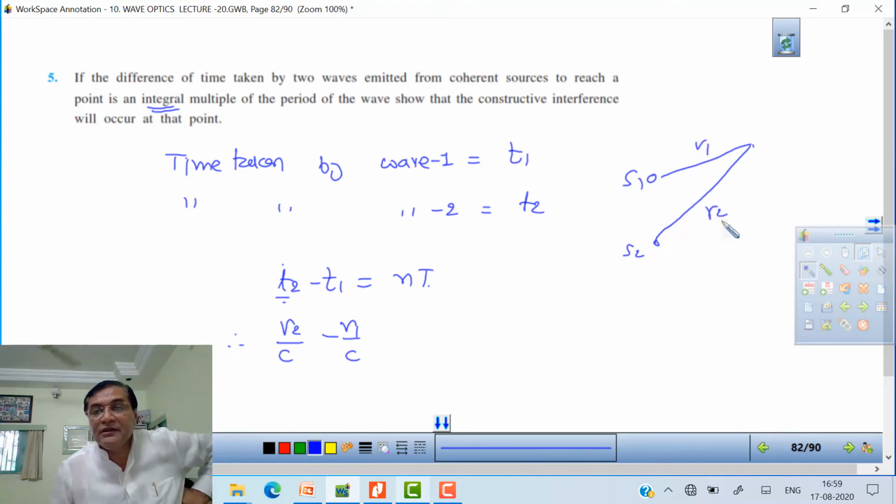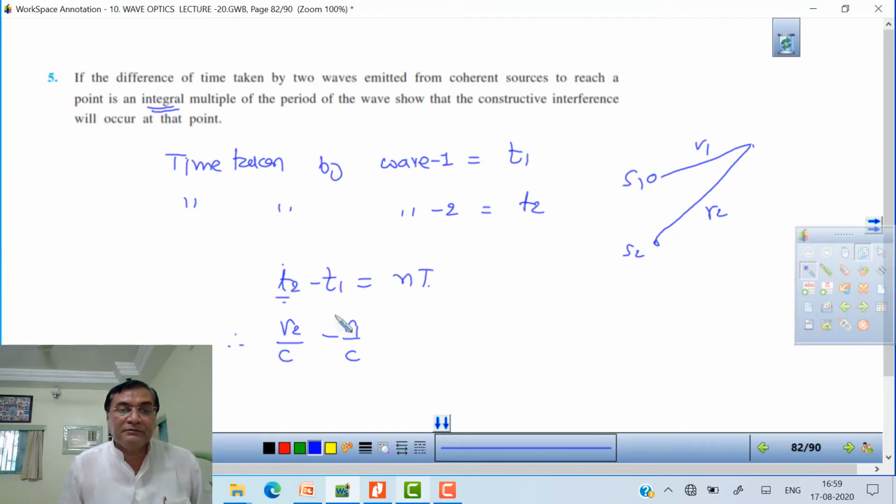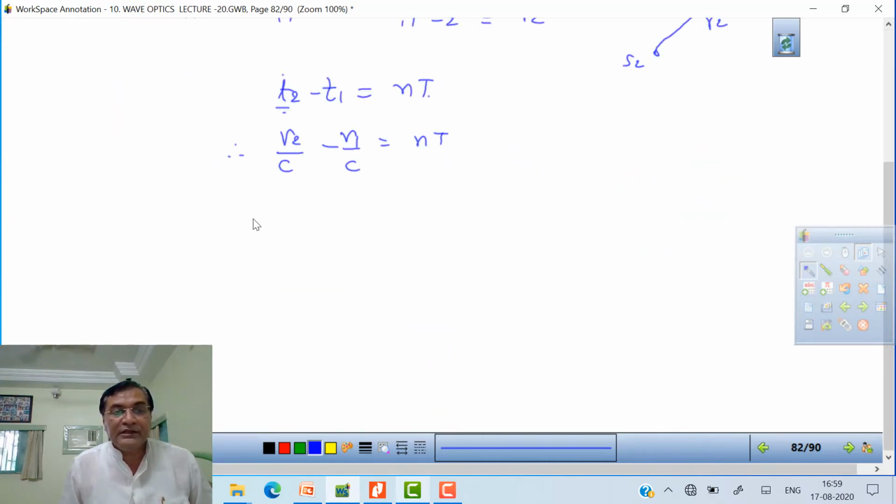Now you can understand r2 upon velocity is the time, and r1 upon velocity is the time. So the time difference is equal to nT, right? Therefore r2 minus r1 is equal to nTc. c is common, I take it here. T is nothing but 1 upon frequency, so it is n lambda.